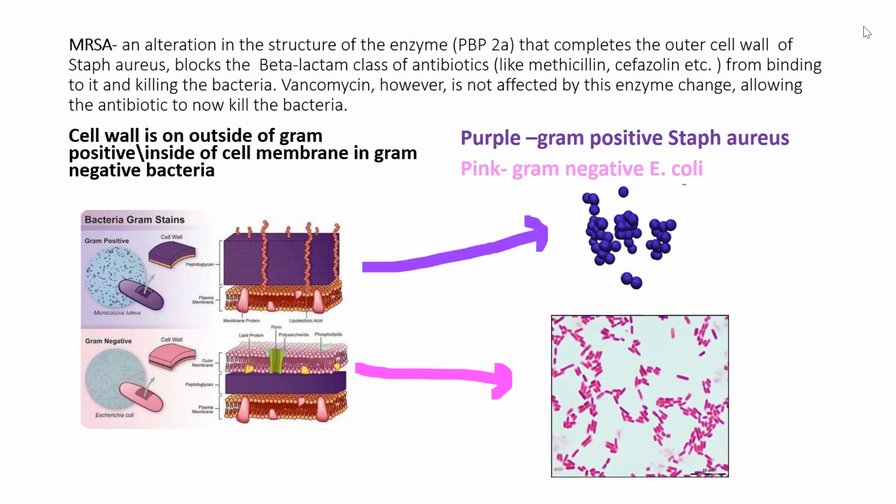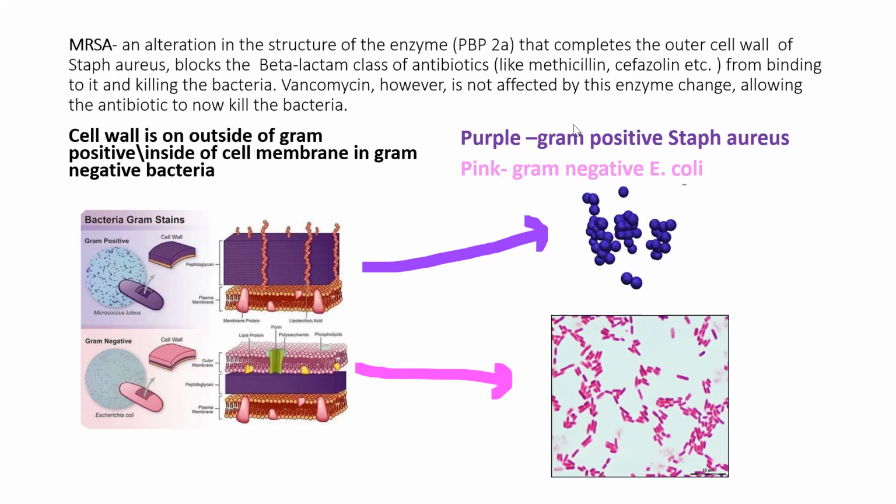Gram-positive bacteria have this big cell wall on the outside, made up of long chains of sugar molecules and proteins called peptidoglycans. The cell wall is like the outside of a castle. It keeps the inside of the bacteria safe and prevents it from being killed. The final step of making this cell wall is an enzyme called penicillin binding protein 2A, which completes the construction of the cell wall.